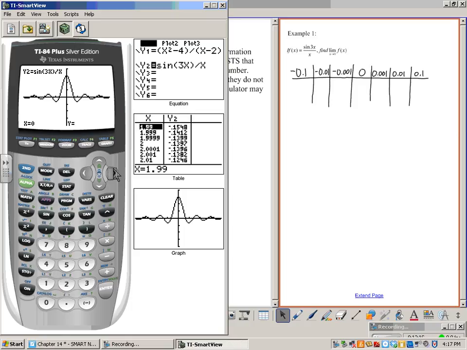So when we do this, you might want to get a better graph of this. And if you do, just go to your window. We don't need to go out to negative 2 pi. We don't need to go that far out in the negative direction, nor do we need to go that far in the positive direction. So let's just change this to something like negative 2 and positive 2.